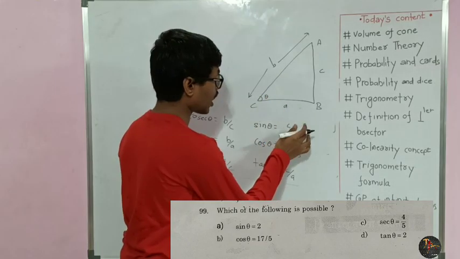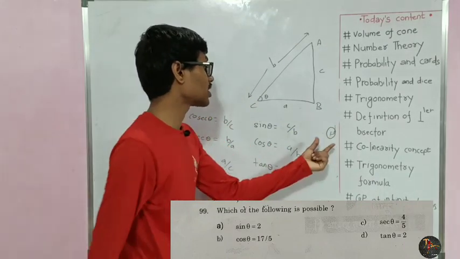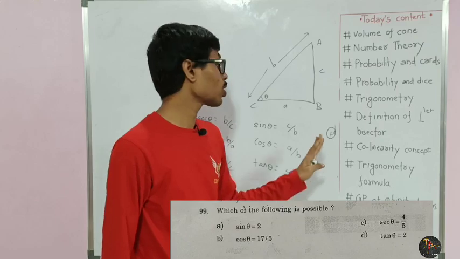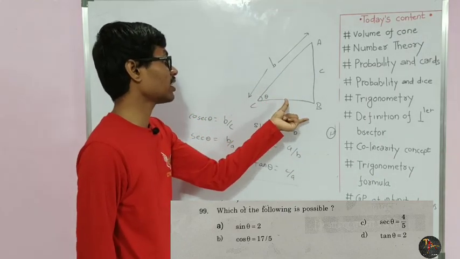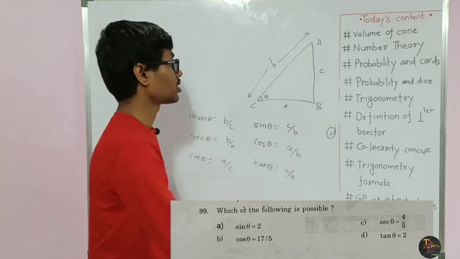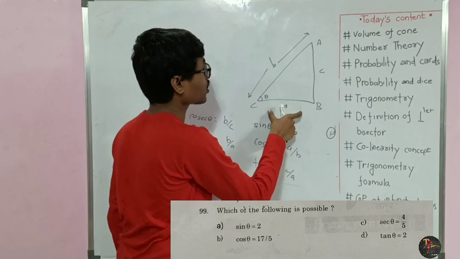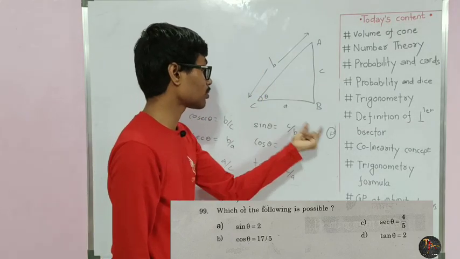So the maximum value of sin theta is 1. Sin theta cannot be more than 1. Why? Because the hypotenuse cannot be less than its opposite side. This side cannot be more than the hypotenuse, since the square of this side plus the square of this side is the square of the hypotenuse.